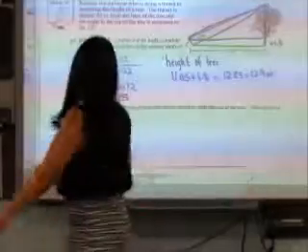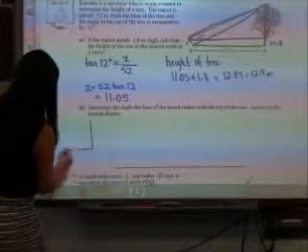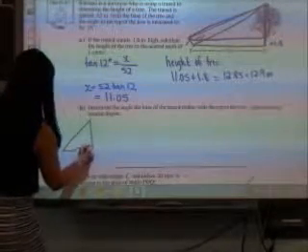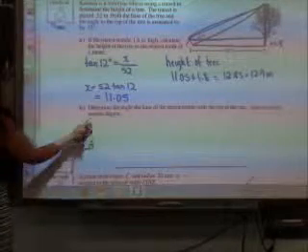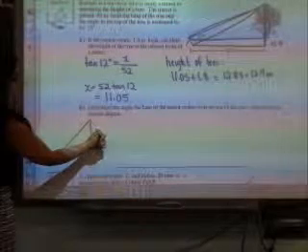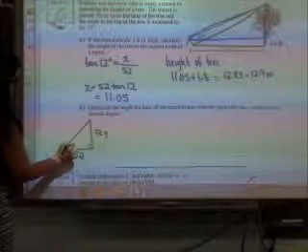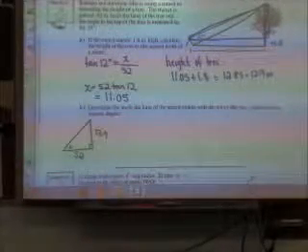Make that better. This is still my 52 meters. This becomes my height of the tree. And here's my angle. So that's the angle I'm trying to determine.